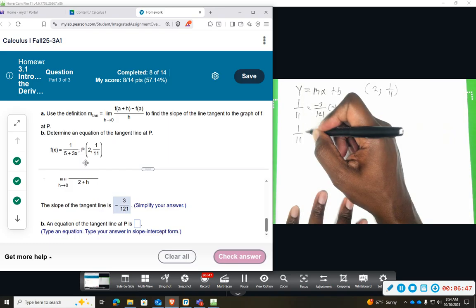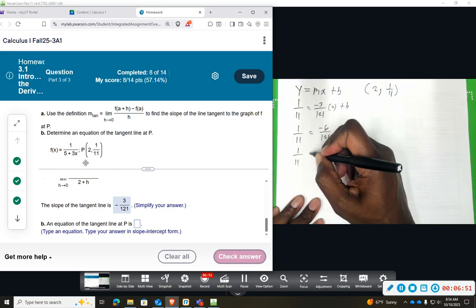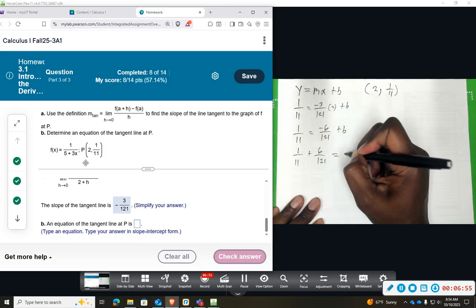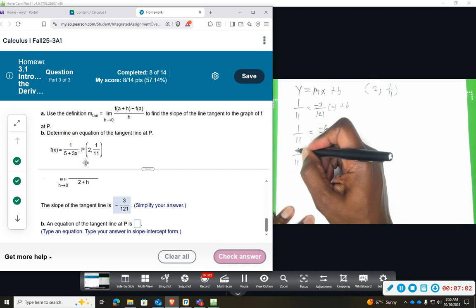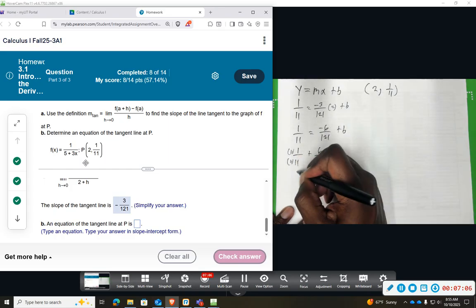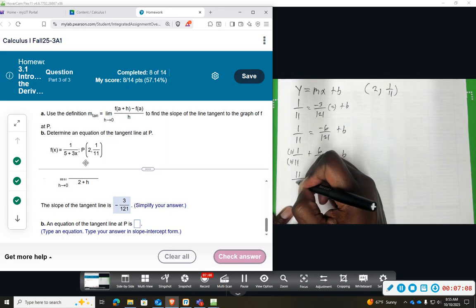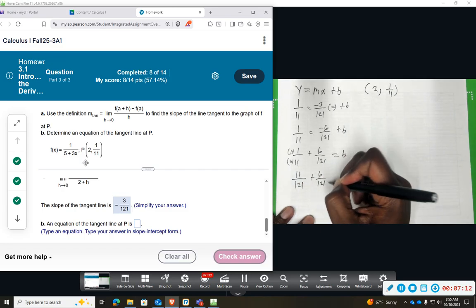And then we would add 6 over 121, so I'll have 1 over 11 plus 6 over 121 equals b when I add that to both sides. And then we got to get a common denominator, so I'll multiply top and bottom by 11 to get a common denominator, so that will end up being 11 over 121 plus 6 over 121.